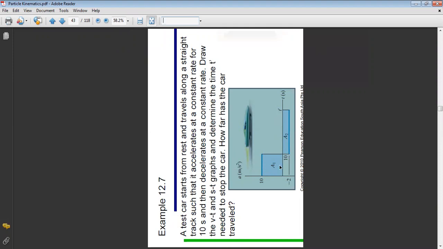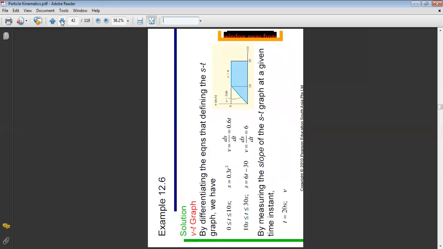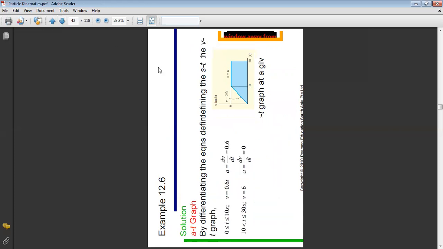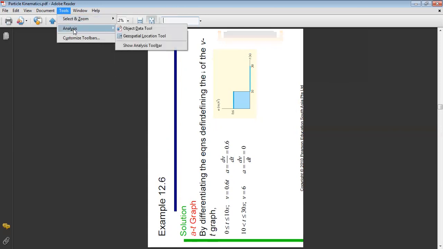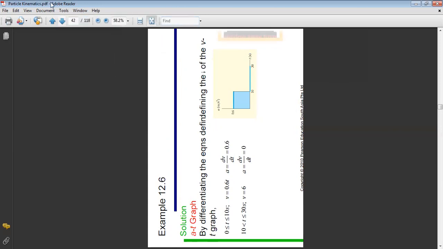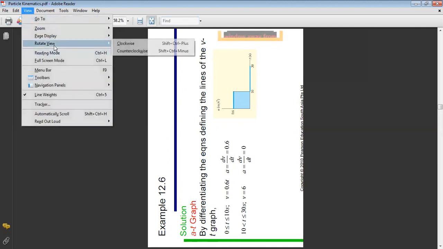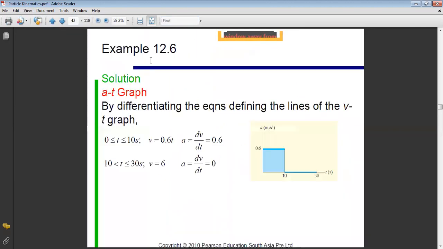Look, I will try to open it again, okay? Is there a rotate tool? Rotate maybe. Yes, okay. Okay, thank you.